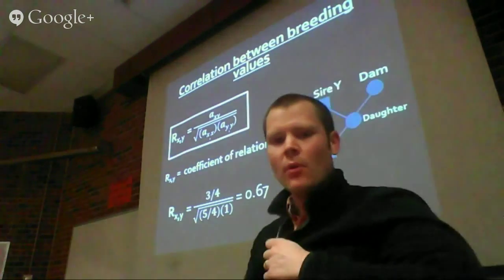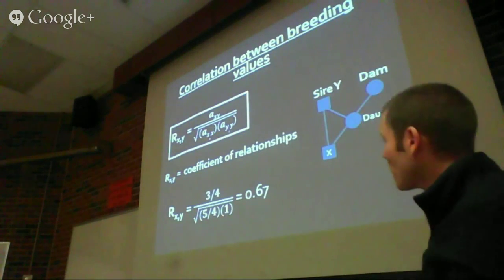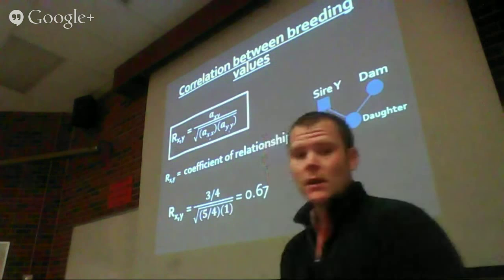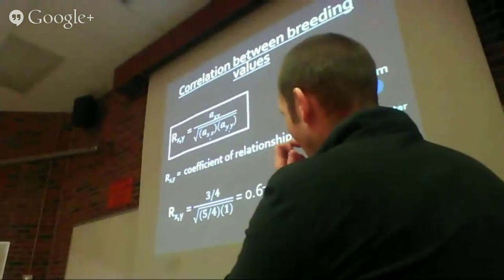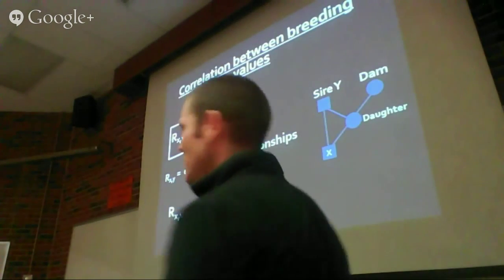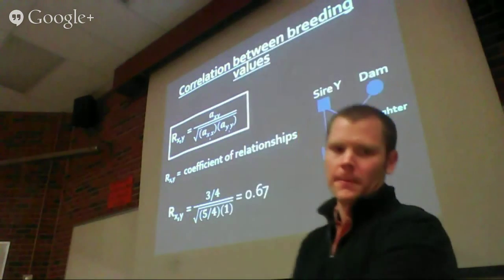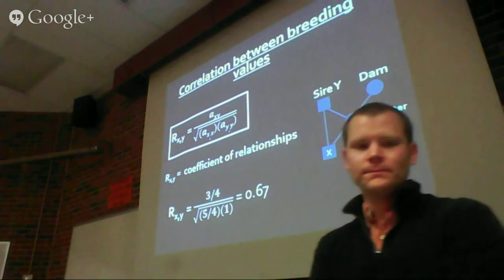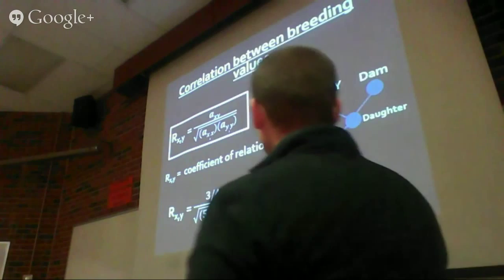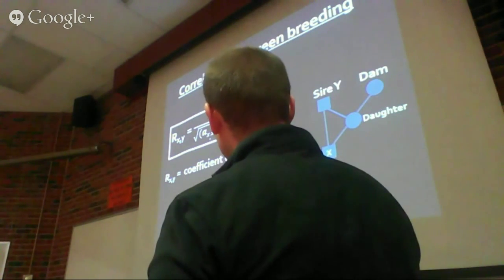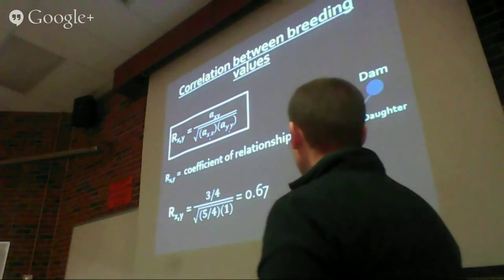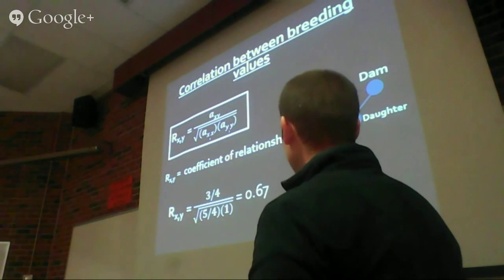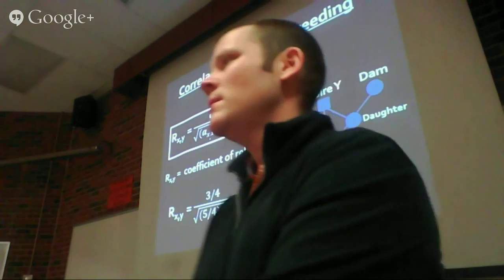So, short example, using this one, what's the coefficient of relationship or correlation between breeding values for sire Y and individual X? We said the relationship between them was 3/4 because there is some inbreeding going on there. This individual's relationship to itself, since it's inbred, ended up being 5/4. This individual's relationship to itself is just 1 because we don't know that it's inbred, right?